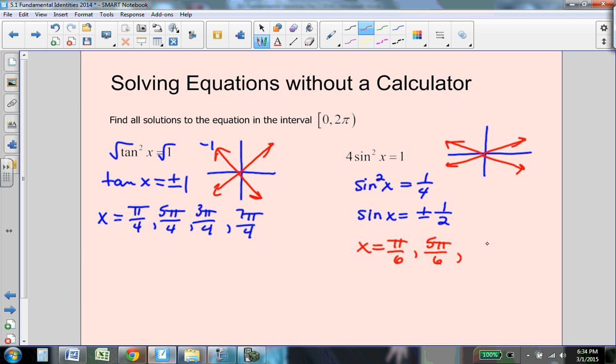And then the negative 1/2 values occur at 7 pi over 6, and again, way over there at 11 pi over 6. And these are all in the interval 0 to 2 pi. Now notice if we actually had one that ended here, we would call it 0, and we would not call it 2 pi because of the interval notation with that being a square bracket and that being rounded off.